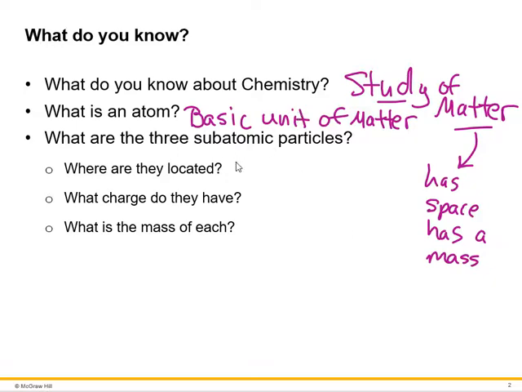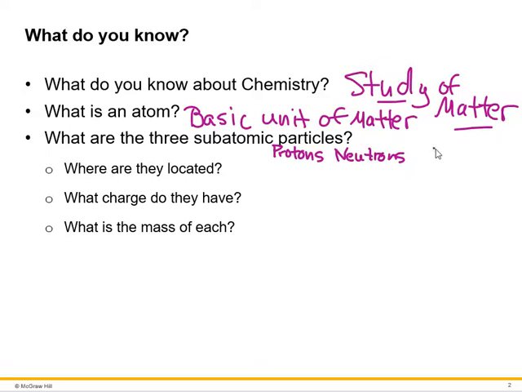So the 3 subatomic particles are protons and neutrons and electrons. So I'm going to have to erase this to give me more room. And electrons. And they are located, the protons and neutrons are located in the nucleus of the atom, so in the very center.